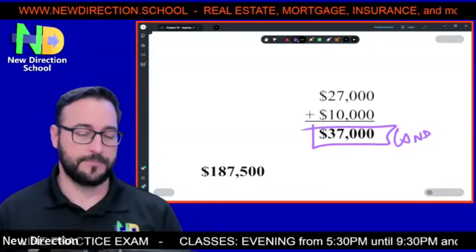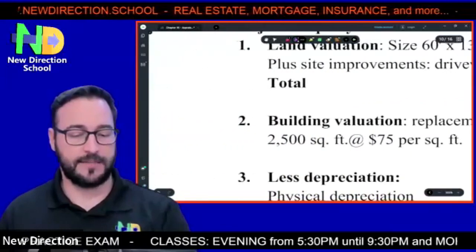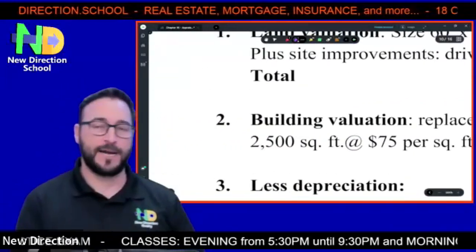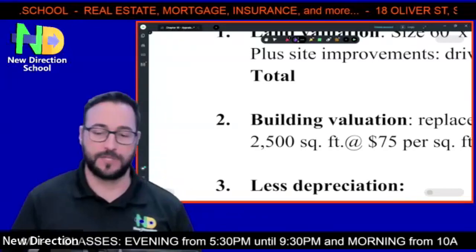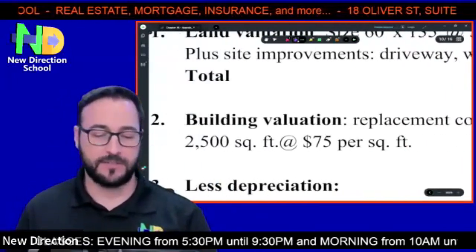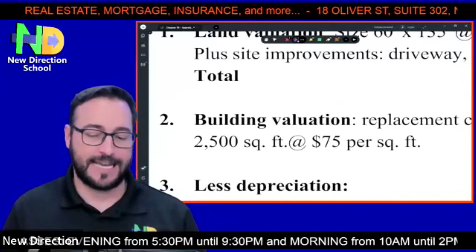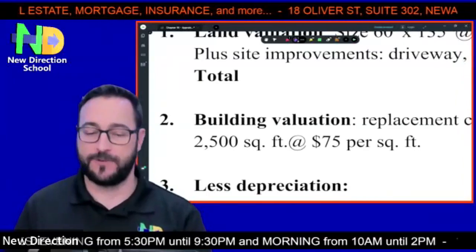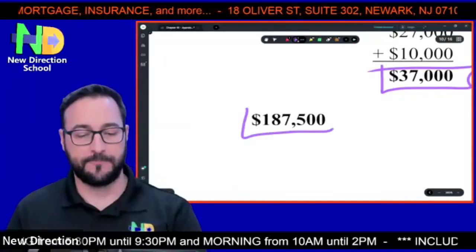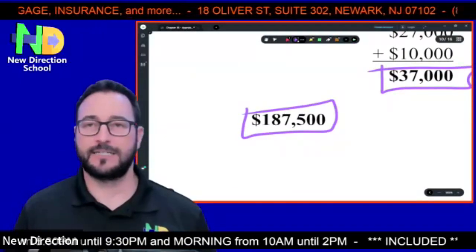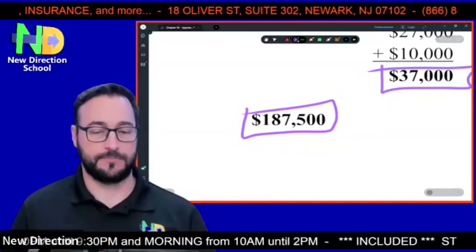That's land value. The next thing we're going to look at is the building valuation by looking at the replacement or the reproduction cost. In this case, we're using the replacement cost of 2,500 square feet at $75 per square foot. So to replace this building, to build a new one, $187,500 to build a new one.